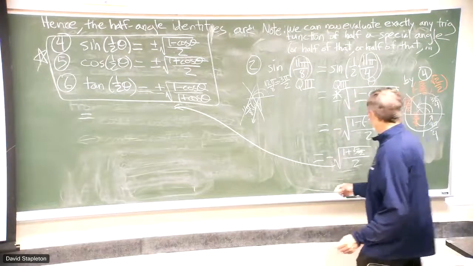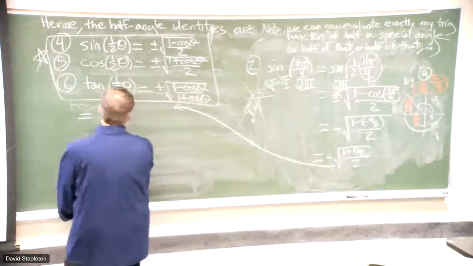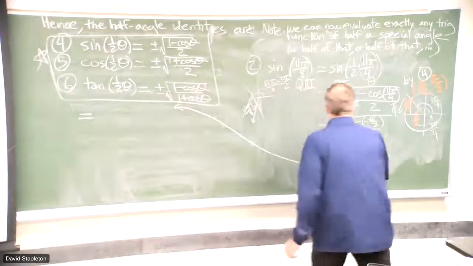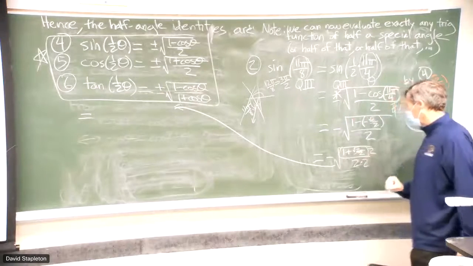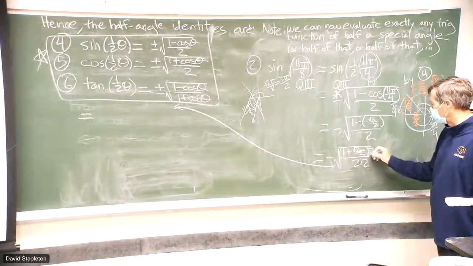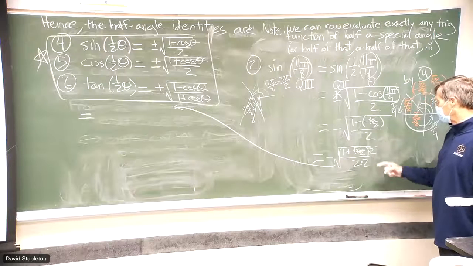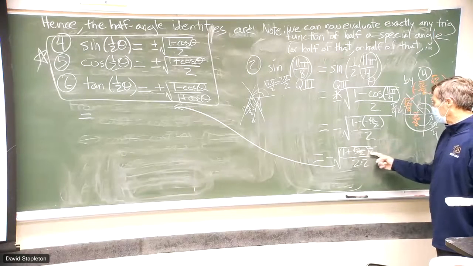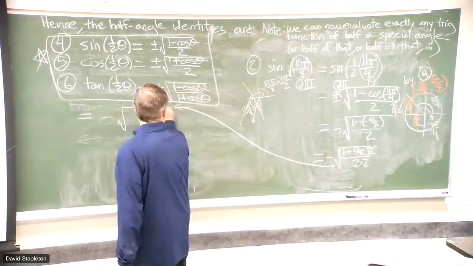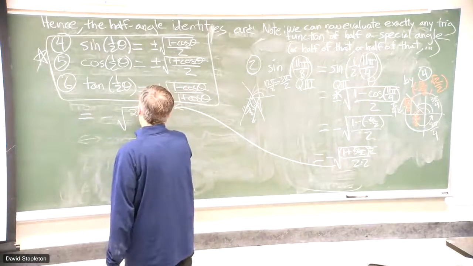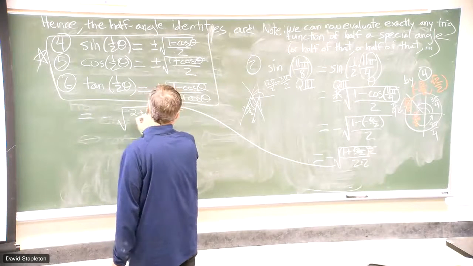All right, so if I multiply top and bottom by 2, let's do it right here. Top by 2 and bottom by 2, the same thing. I don't change anything, but I have to multiply the whole top and the whole bottom, so I don't change it. And now 2 times 1 is 2. 2 times this one is square root 2. So I've got minus the square root of 2 plus square root 2, all over 4.